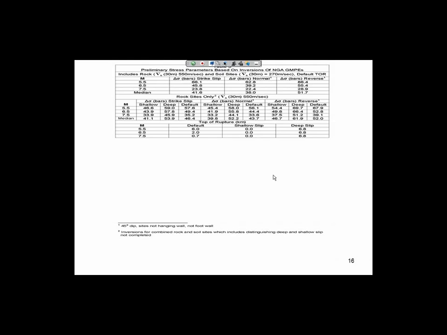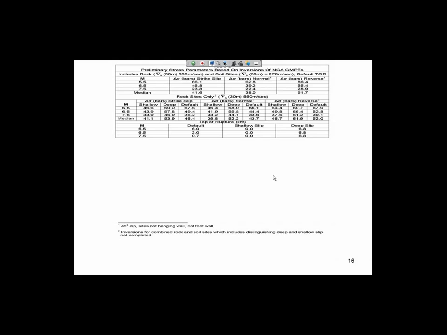For shallow slip models, we just set everything equal to 0 kilometers for rupture to surface, and for deep slip, we held it at 6.8 kilometers. So the second group shows, and this is for the rock site only, even though the inversion included both rock and soil, strike slip, normal, and reverse.